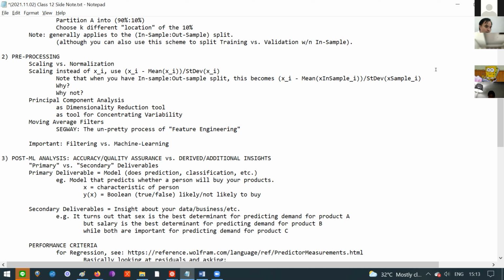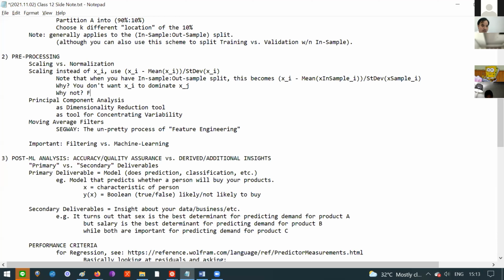Now, there's a reason why you would use it, because you don't want xi to dominate xj. That's basically it. Why not? Because sometimes you don't need to.